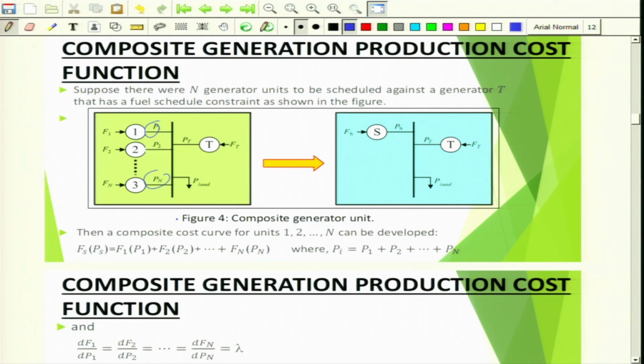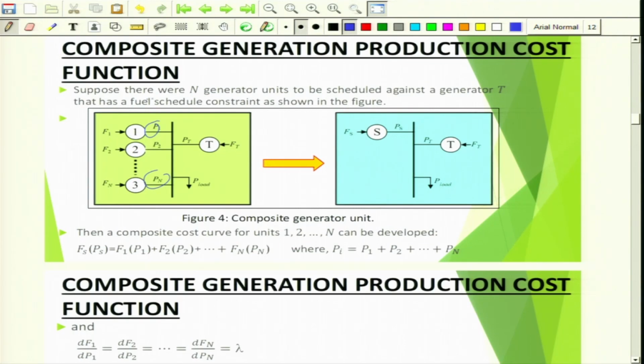Now, you need to find out the optimal scheduling when there is a new generator coming up and it has its own fuel constraint, while none of the earlier generator combination had any fuel constraint. Now, how to do it? How to solve this problem?